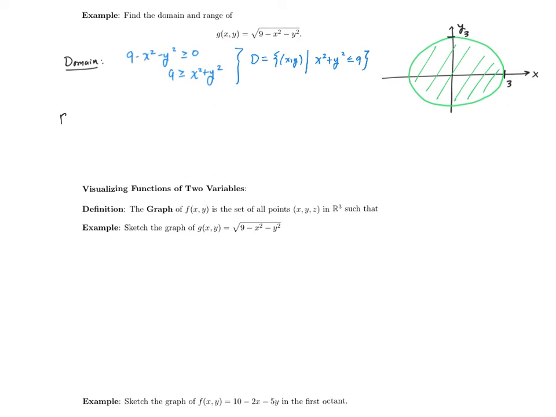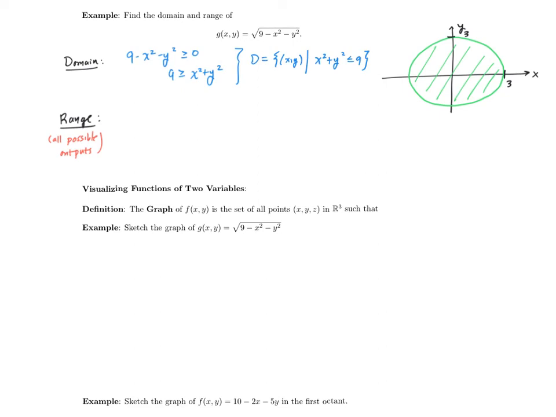Now the part that I think is maybe a bit more involved, or should I say subtle in this case, is to think about the range. And remember, the range is made up of all possible outputs. In order to determine all of the possible outputs, I'm going to think about how the outputs correspond to the inputs.